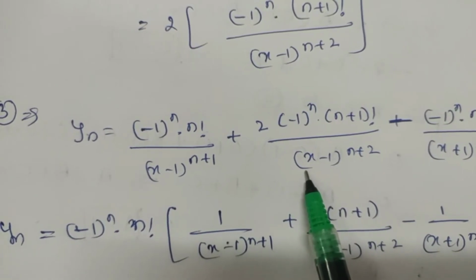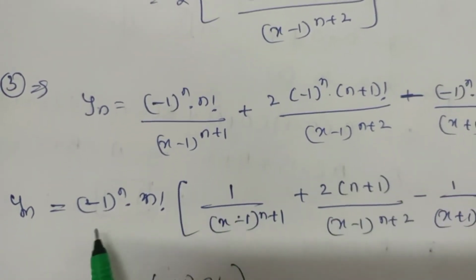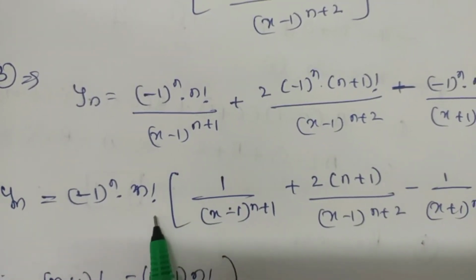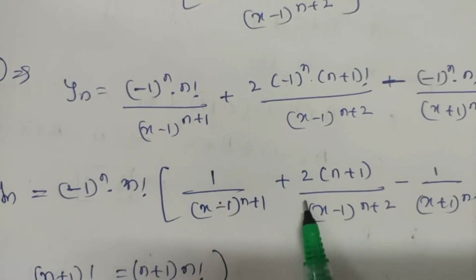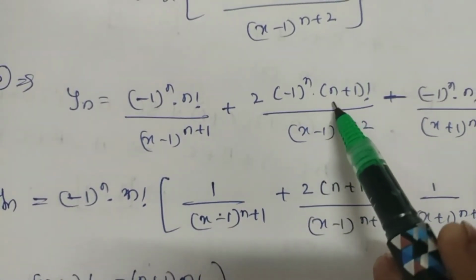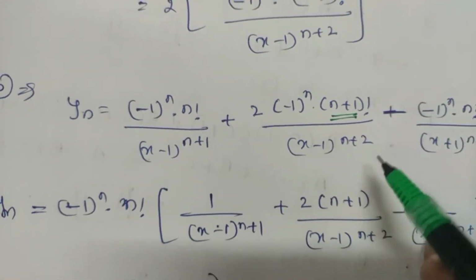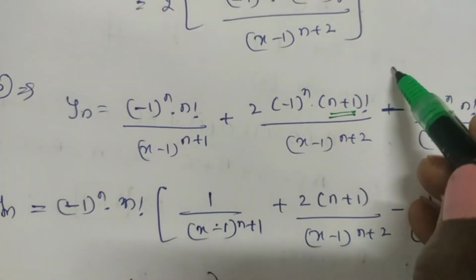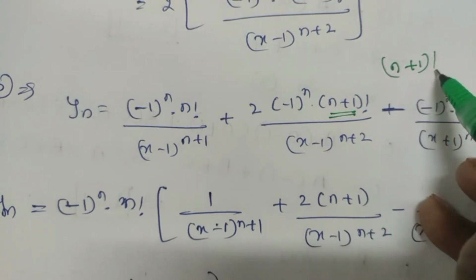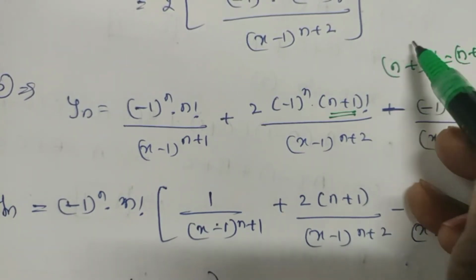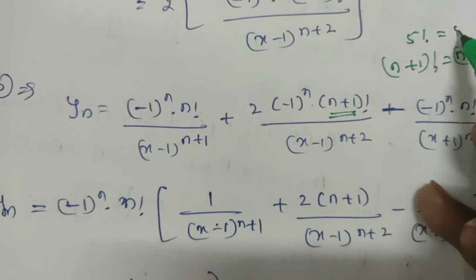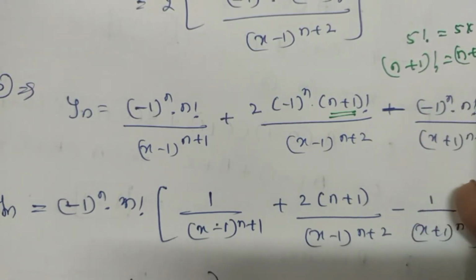It is like this. And in all these terms, minus 1 raised to n into n factorial is common. Write the remaining terms: 1 divided by x minus 1 to the power of n plus 1, plus, here we have n plus 1 factorial, and I have taken n factorial. We know n plus 1 factorial is nothing but n plus 1 into n factorial, as we know 5 factorial can be written as 5 into 4 factorial, like that.